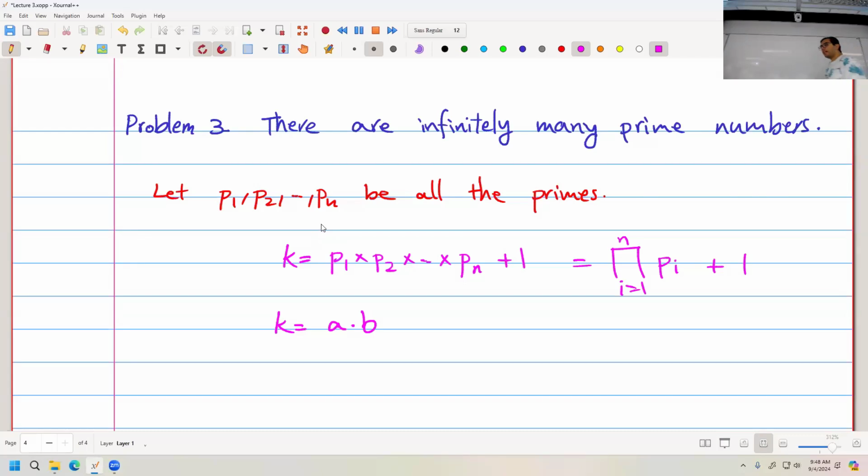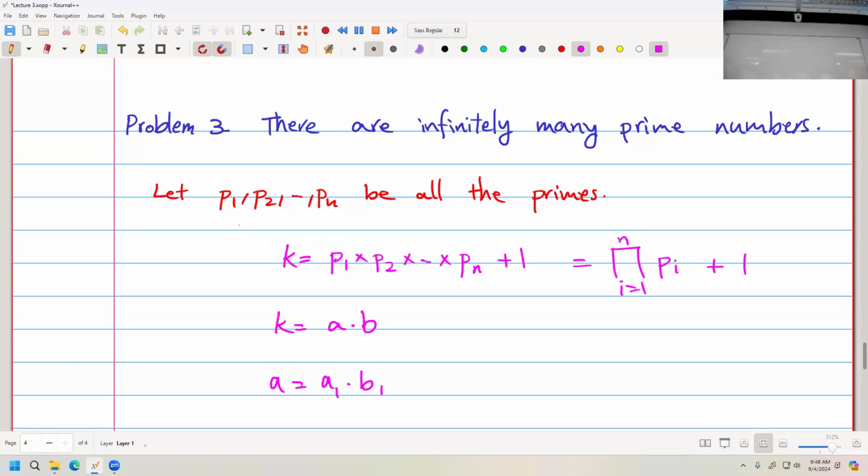I can say, look at a. Either a is a prime number itself, in which case I have found a prime number that was not in my list, or a can be written as some product of two other numbers. So let's call this one a1 times b1, right? And then I can say the same thing.